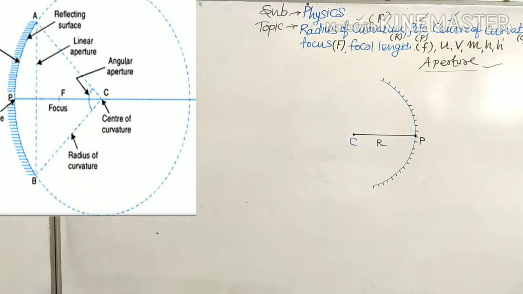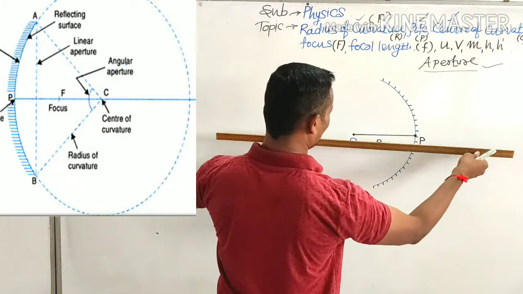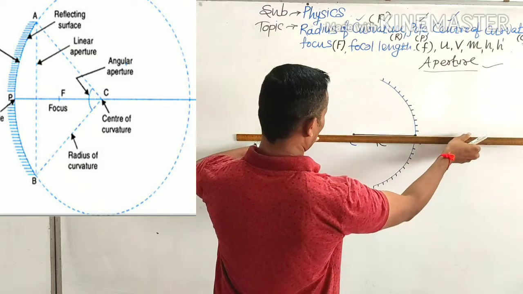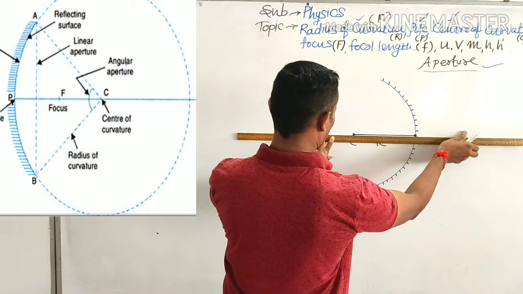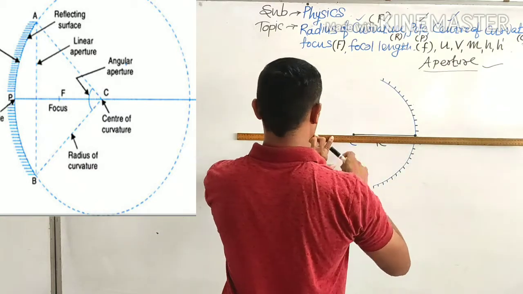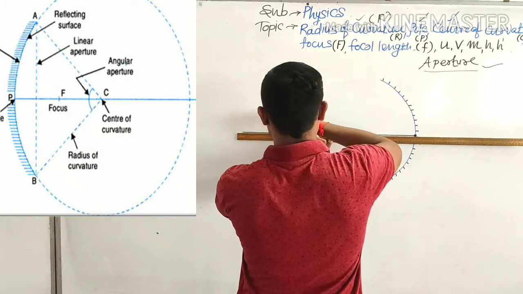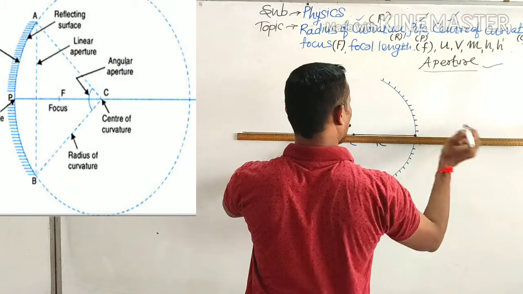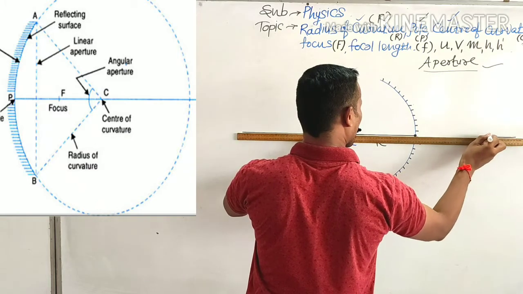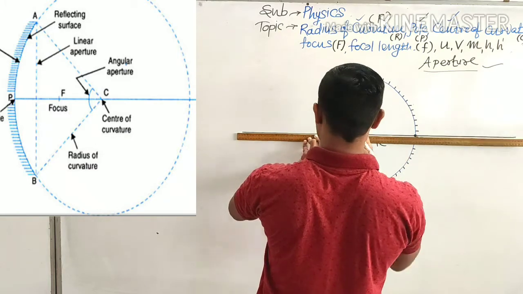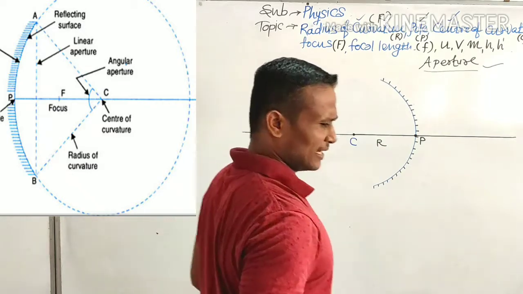Now to understand the focus, what we'll do is extend the radius of curvature. Now we are extending the radius of curvature like this, right? Now we have extended.